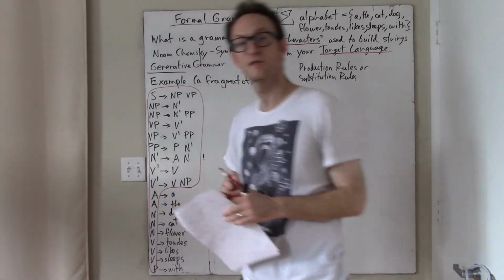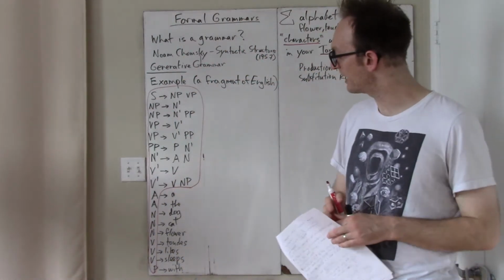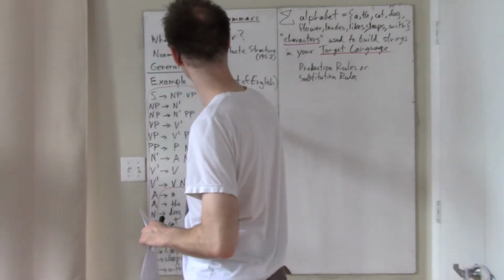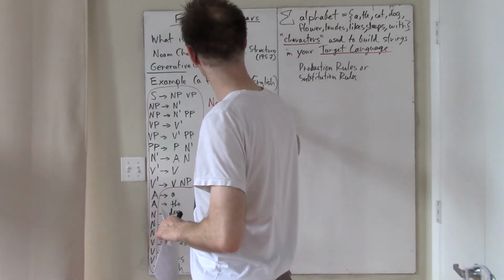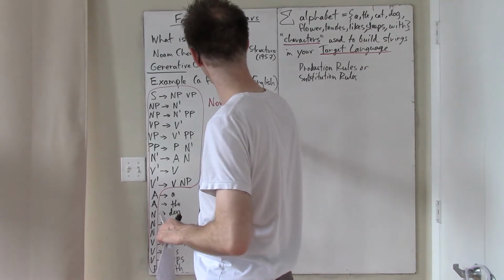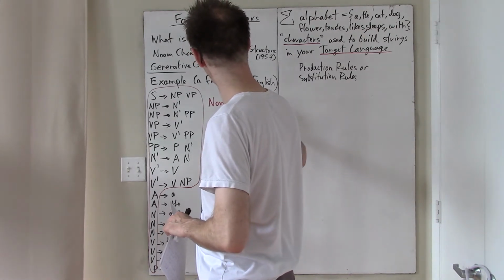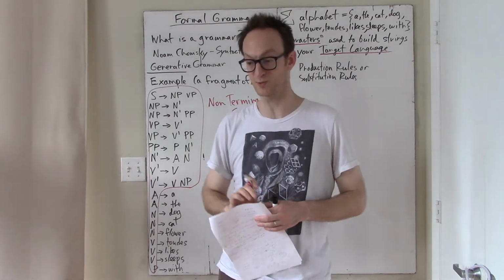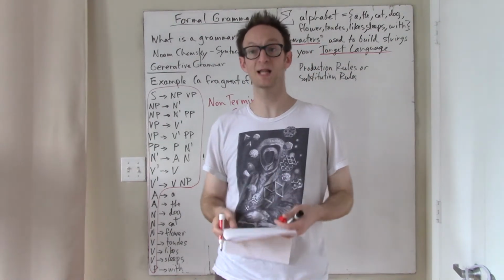These are theory-internal symbols, called non-terminal symbols. I'll explain that in a minute, but for the moment, they're just the symbols that we use in the background to analyze the grammar.